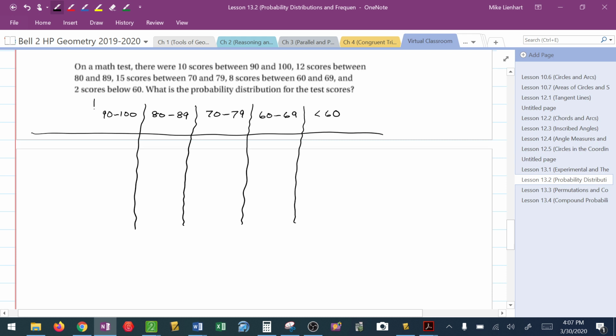So I'm going to organize this information here. I'm going to write down what the frequency of each thing occurring was. How often did it occur?